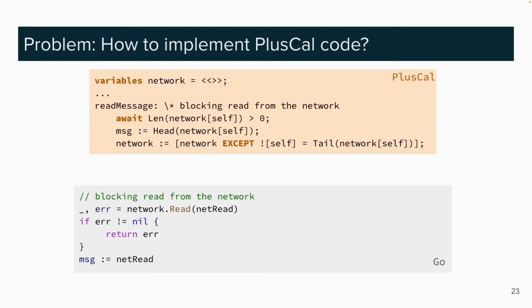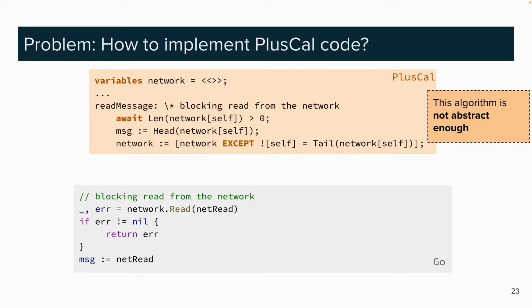But first, let's see what's the problem with PlusCal and why we cannot automatically compile it into an implementation. Here we have a blocking network read code both in PlusCal and Go. But first, let's take a look at the PlusCal code. Because there is no networking semantics in PlusCal, we should somehow simulate it.